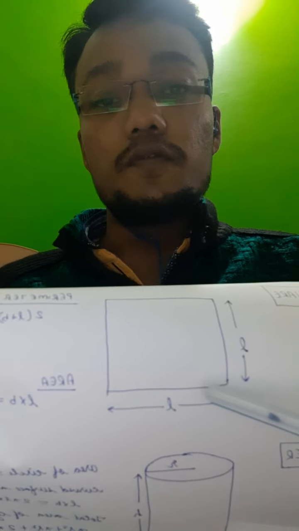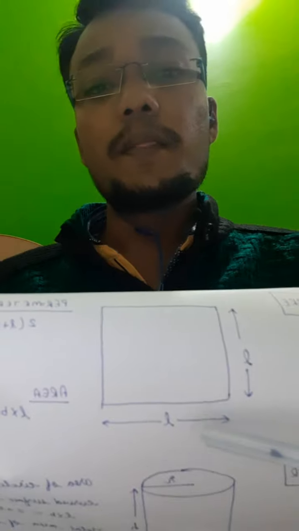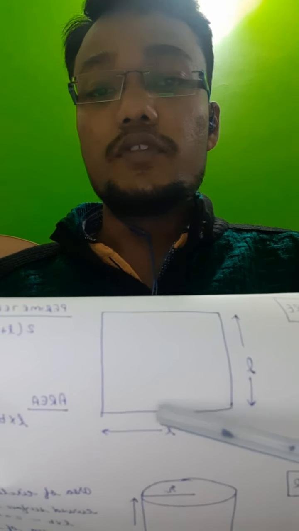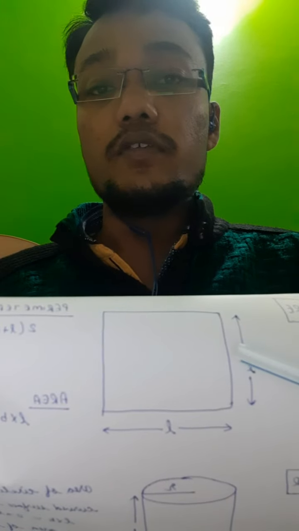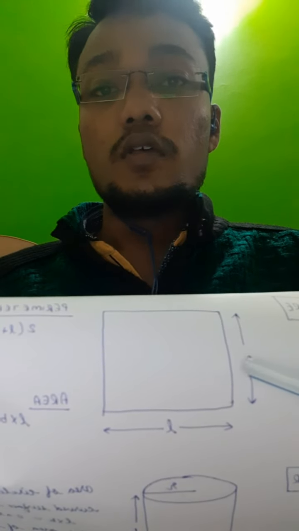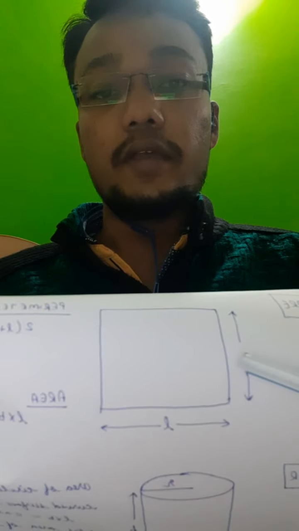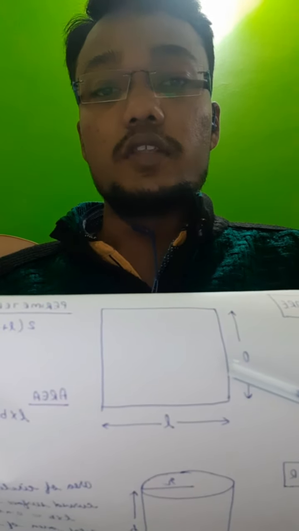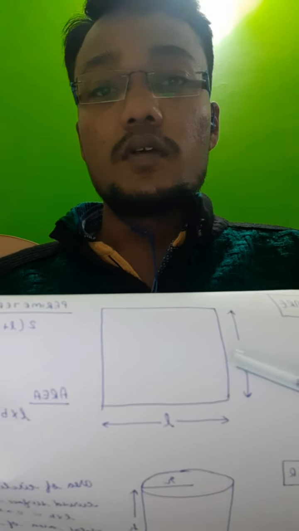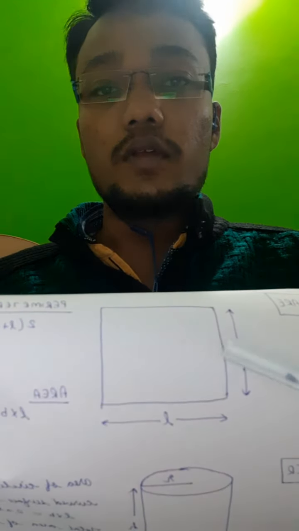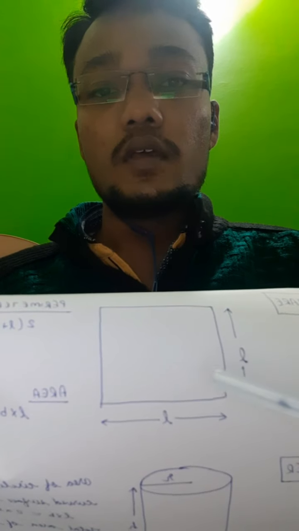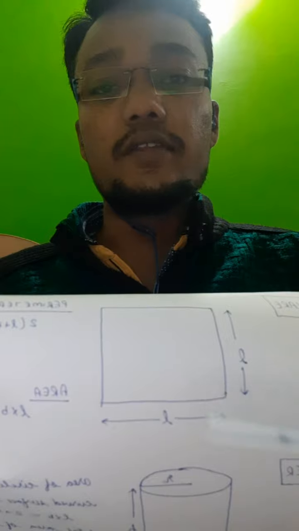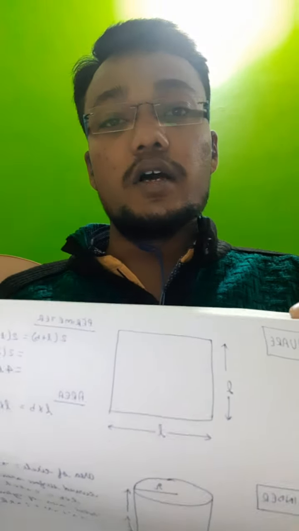Coming to the area of this square, we have length equal to L and breadth again equal to L. Going by the definition of area, we have L into L, which is L square. We have derived this again from the definition of a rectangle. So these two are the most basic of the quadrilaterals that we find in our daily life.